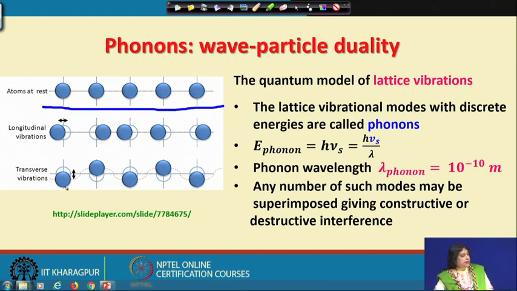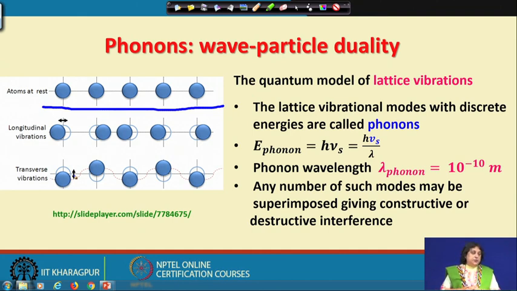But it may so happen that if you have a 2D lattice, a two-dimensional lattice, there may be displacements in directions perpendicular to the direction of longitudinal vibration, and these vibrations are called transverse vibrations.